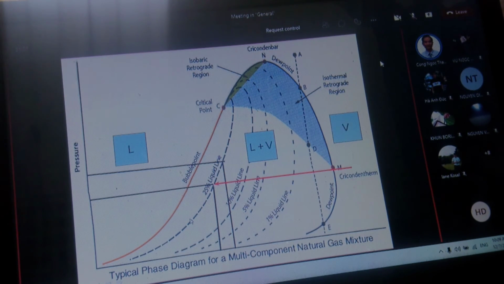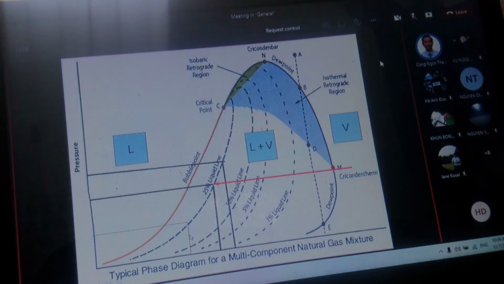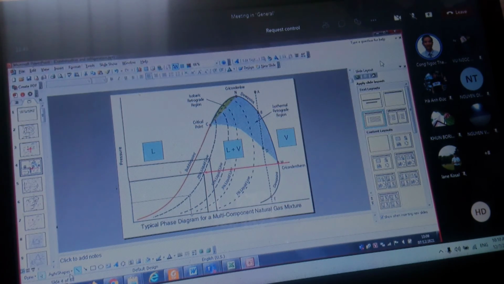So if we would like to condense or receive 25% of liquid, if the working pressure is lower here, the temperature is much lower, for example at this point.